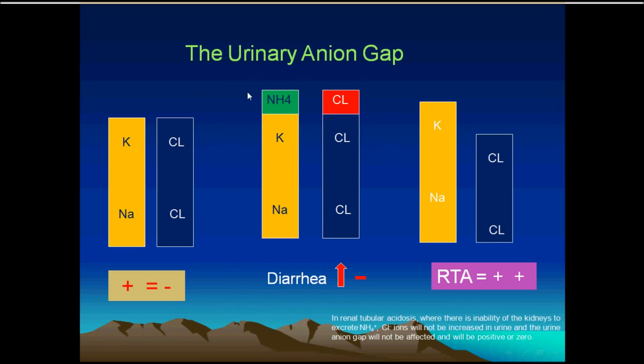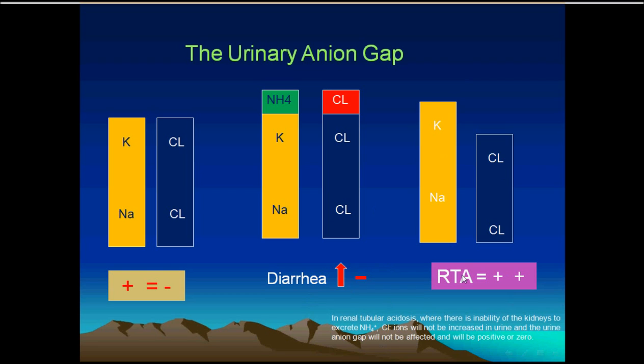So to come to a conclusion, the urinary anion gap is a good one to differentiate between diarrhea, which has excessive secretions of ammonium chloride, and renal tubular acidosis. In diarrhea, the chloride will be more than the sum of sodium and potassium, and this means that it is negative.